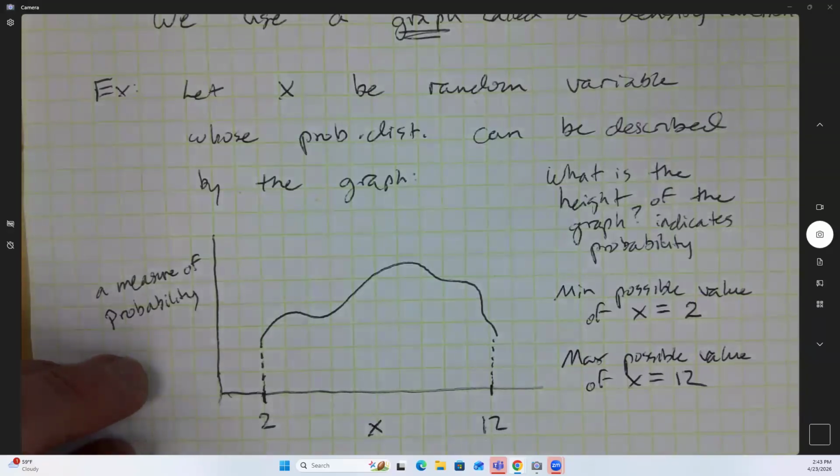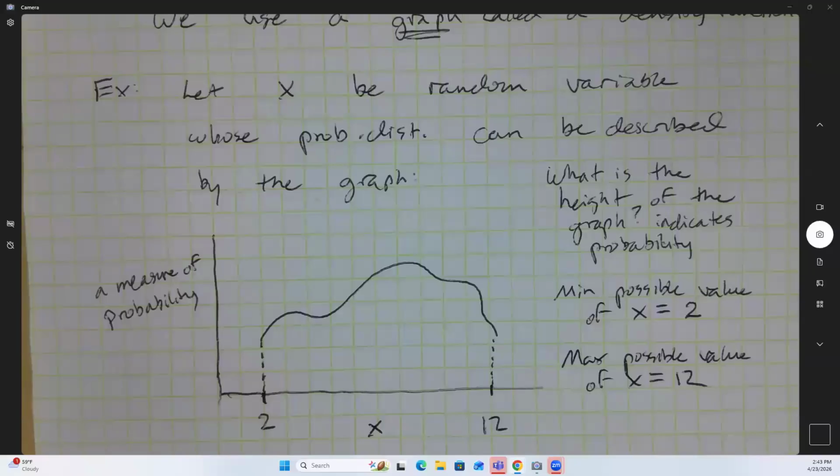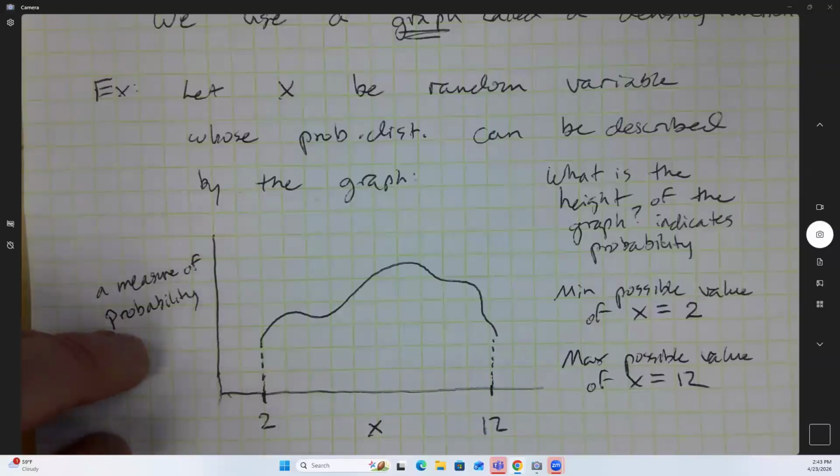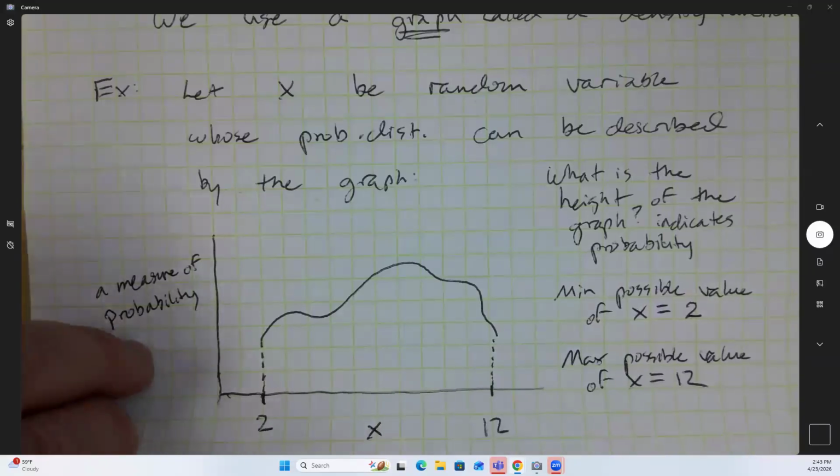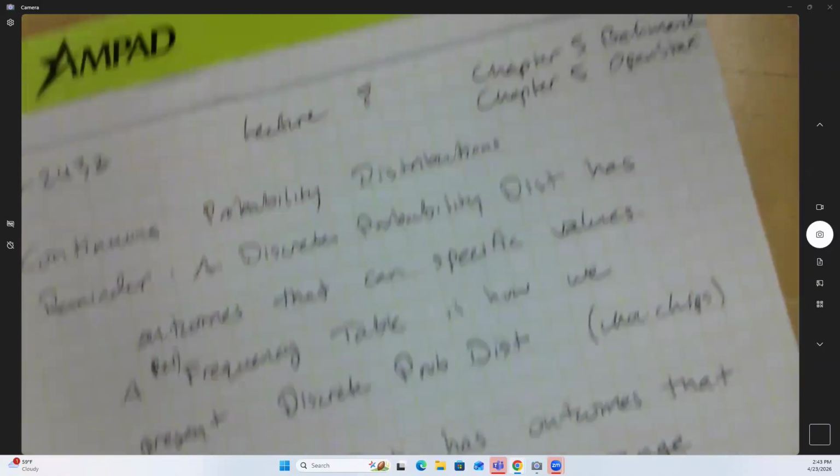I'm going to redraw it on the next page. These graphs get cluttered really quickly. So I'm going to just kind of keep redrawing it. It'll change just a little bit every time I draw it because I can't make it exactly the same. But pretend that it's basically the same. Here we go.